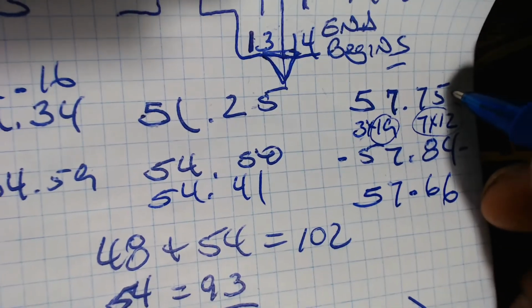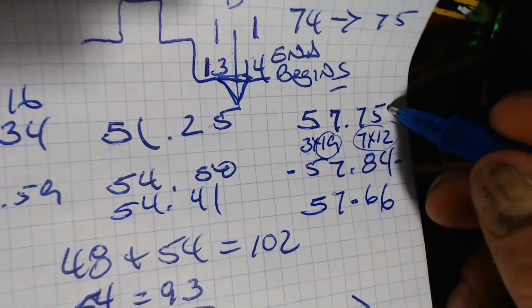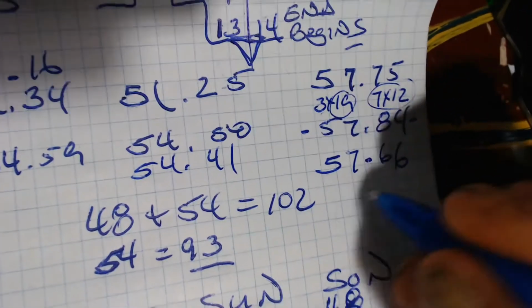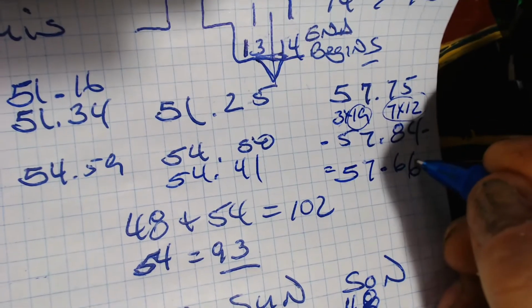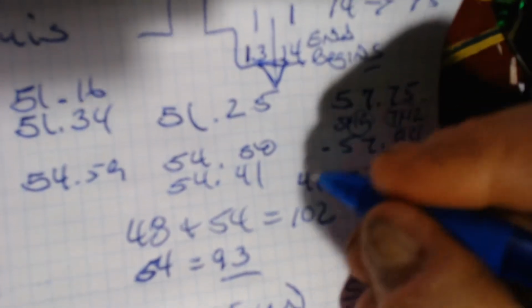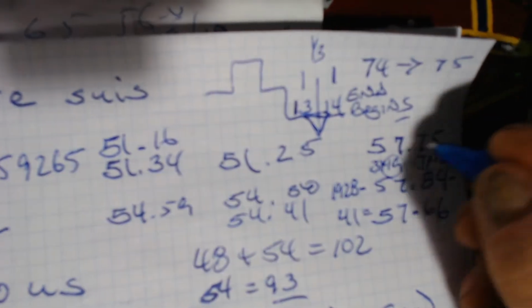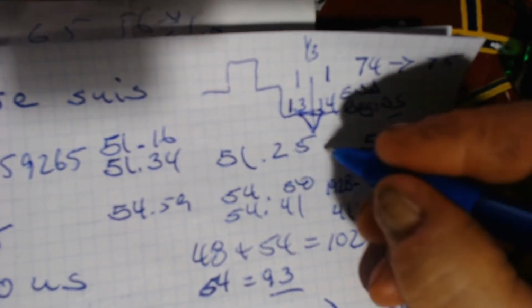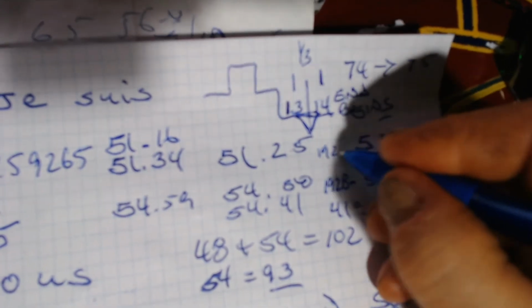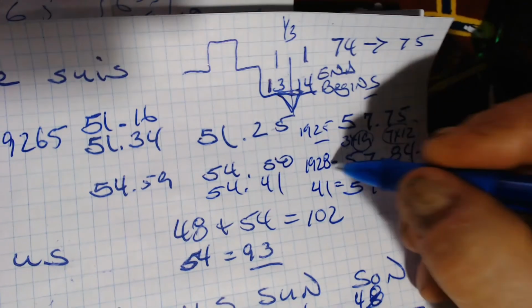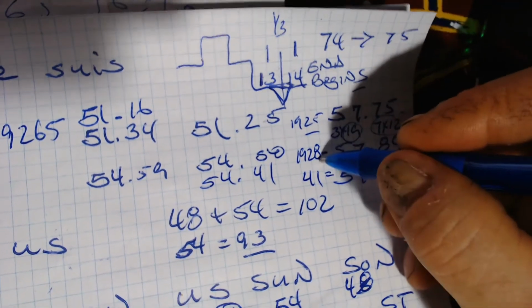Then it goes into this one. 19 and 25. This one over here will equal 19 and 22 equaling 41. This one over here will be 19 and 28. And this one over here is going to be 19 and 25. 44, 47, area space. This one is time.